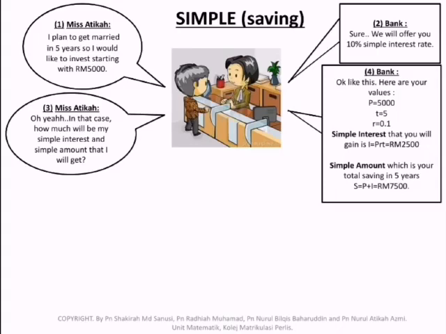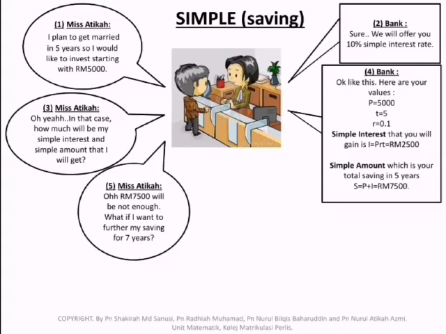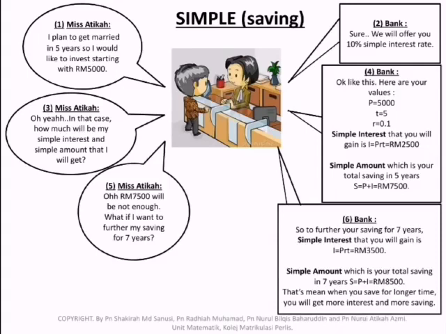7,500. Oh, I see. 7,500 ringgit will be not enough. What if I want to further my saving for 7 years, sir? Oh, so to further your saving for 7 years, your simple interest that you will gain is capital I equal to PRT, so it will be 3,500 ringgit.